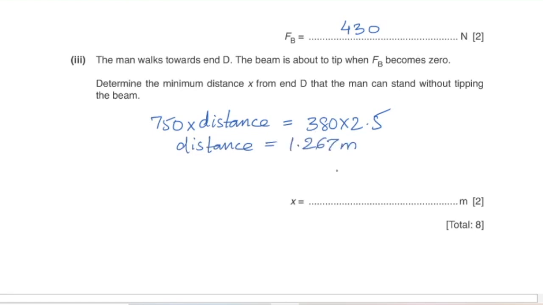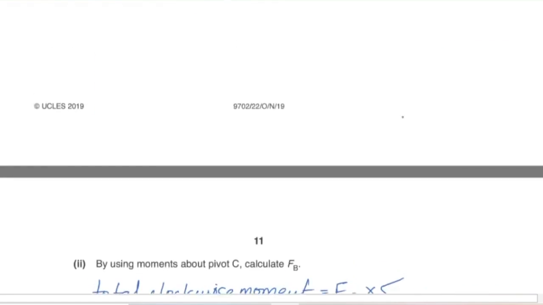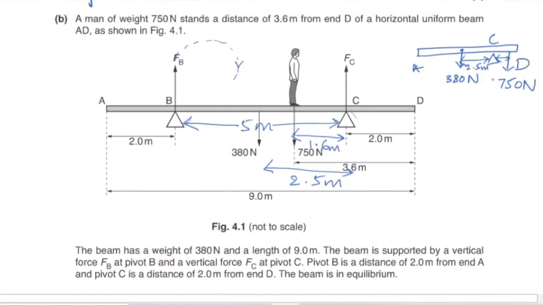But hold on, this is not what we were asked to find. This is the distance between that man standing towards D and the pivot point C. And the question is asking us to find the minimum distance from end D that the man can stand. So what we got is actually this distance, and what the question is asking is this distance.